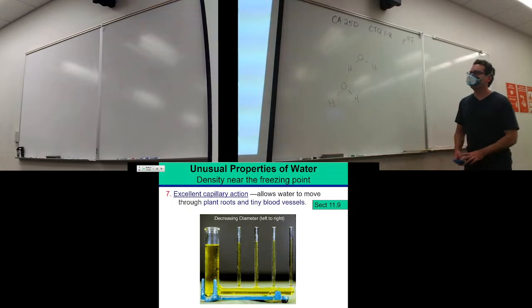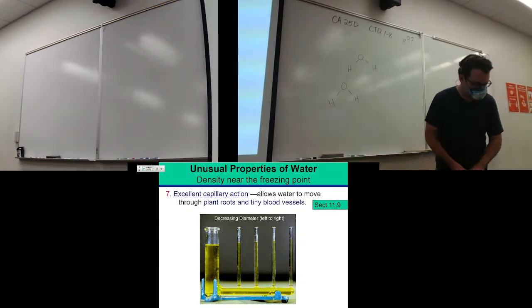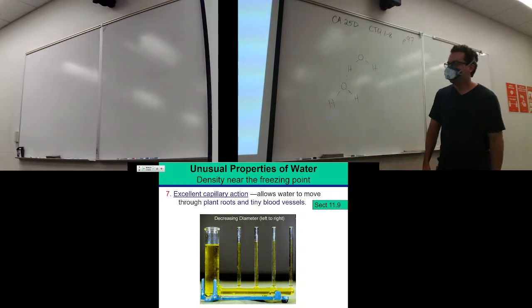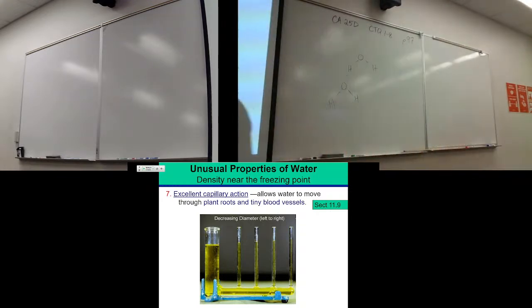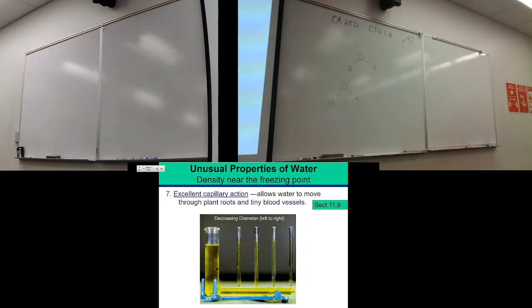This is a nice picture that demonstrates capillary action. You've got this little L-shaped tube device, and you fill it with some water, colored just so we can see it. Gravity fills it up to here, and if capillary action didn't exist, you would have the exact same height of water in every single tube.